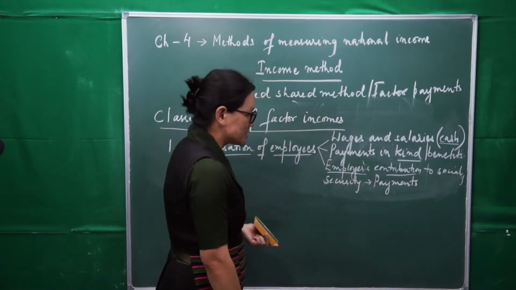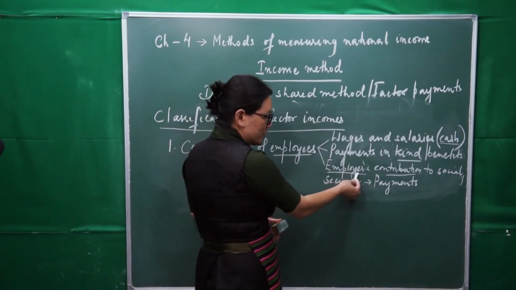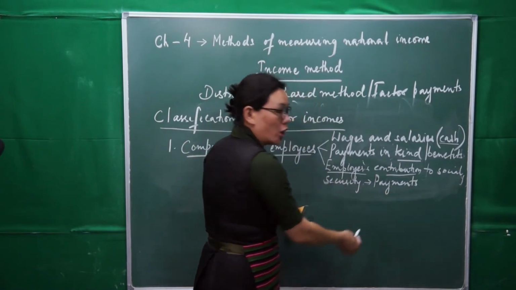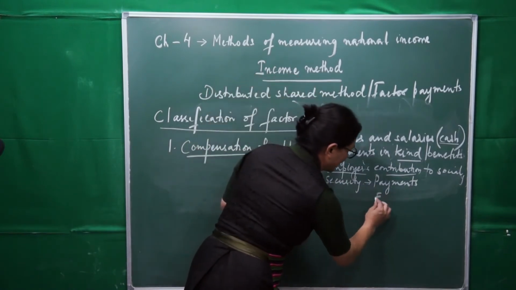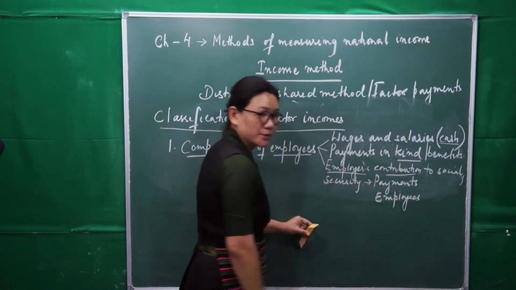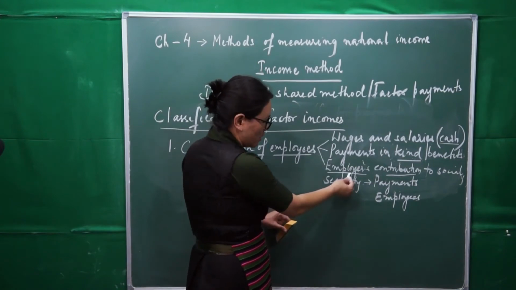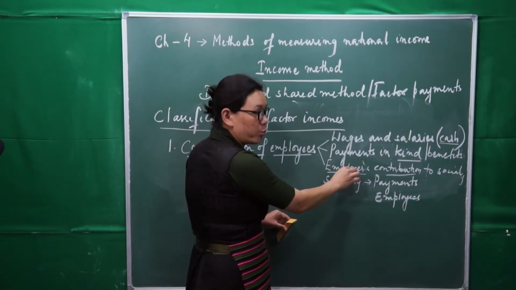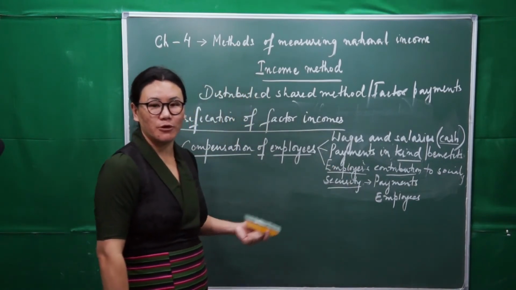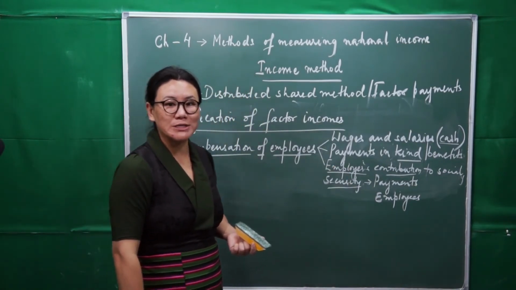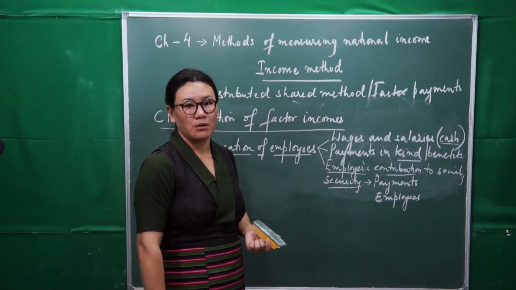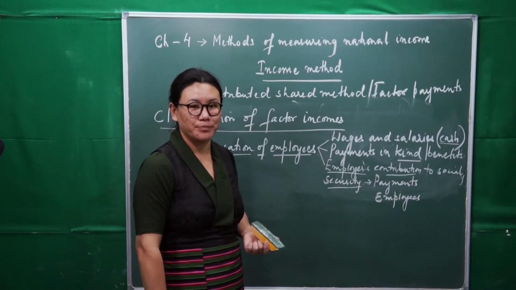Okay, so I said, see here, employers are making payments on behalf of employees. For what? For employees' social security. For this purpose, employers are contributing something on behalf of employees.